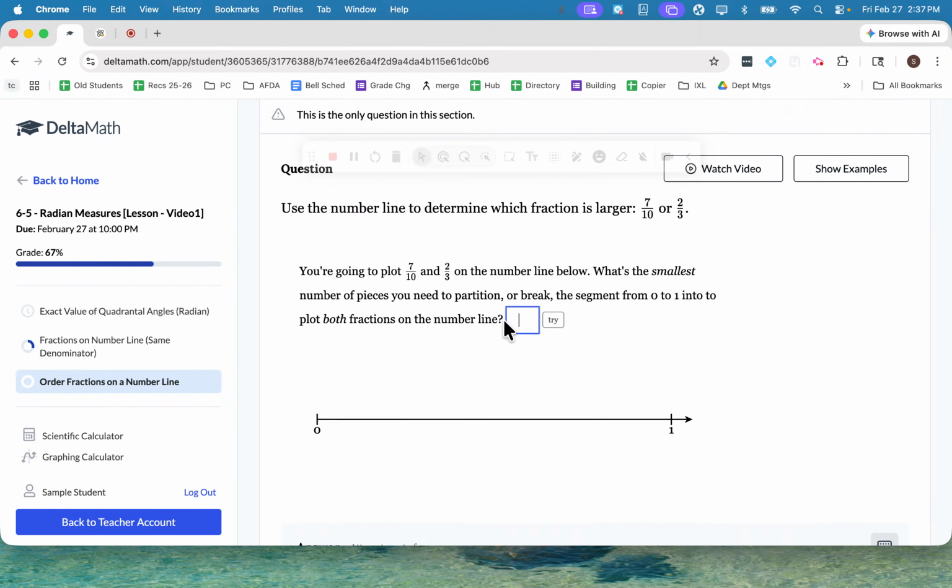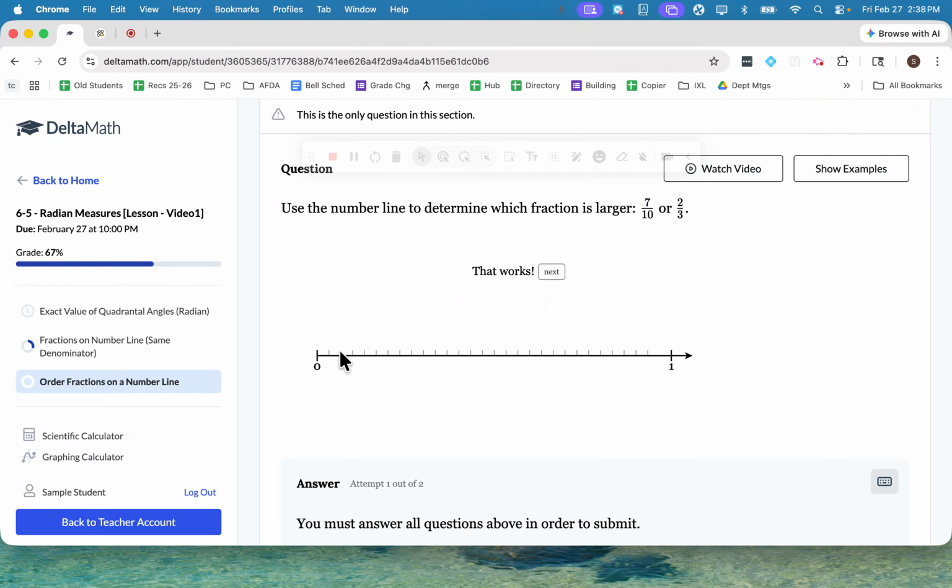But when they don't have the same denominator, make it have the same denominator. This is a number that 10 goes into. It's a number that 3 goes into. The smallest that you can find is best. The least common denominator, the number that 10 goes into and 3 goes into. So we broke it into 30 pieces. 7/10 is like 21/30.